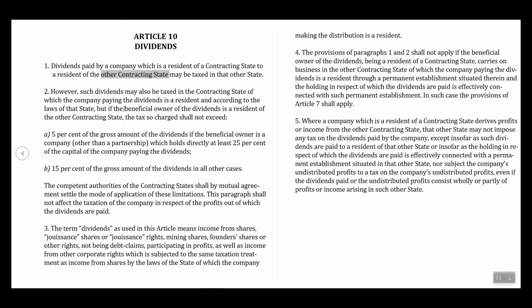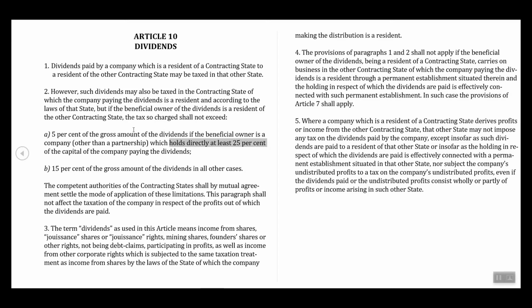But if the person who gets the dividend is a resident of Germany, which is our case, the tax so charged shall not be higher than 5% of the gross amount of the dividends if the beneficial owner is a company, but not a partnership, and holds directly at least 25%.